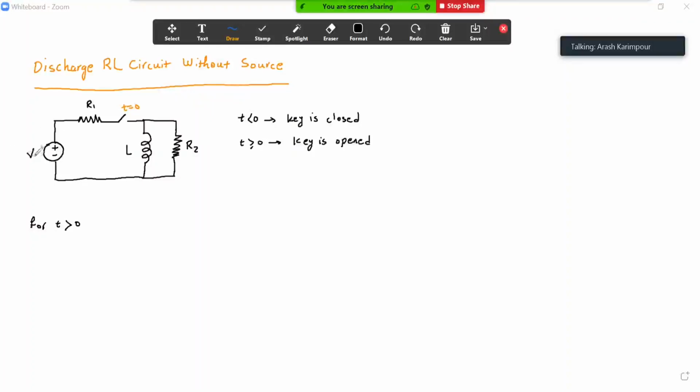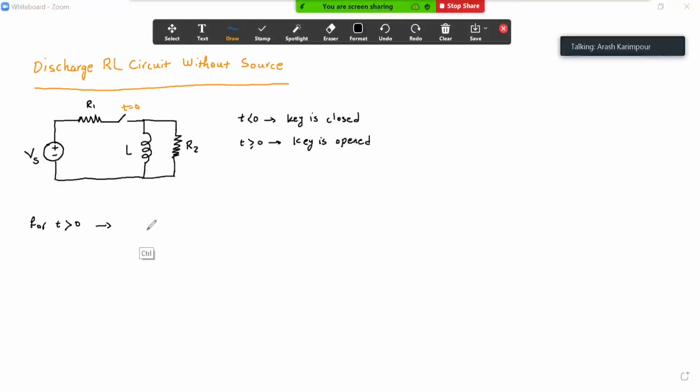So for t larger than 0, the key is open, and what we are going to have is only this right part of the circuit.